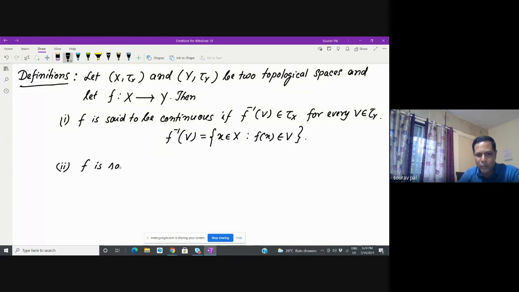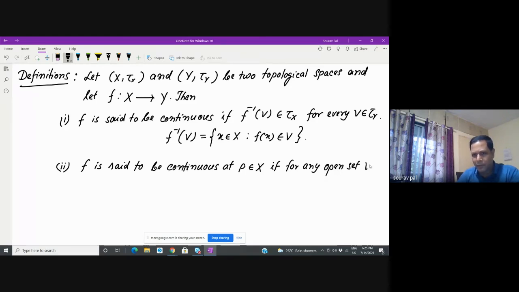So f is said to be continuous at a point, say p belongs to X, if for any open set V containing f of p, there exists an open set U in X such that p belongs to U and f of U is contained in V.